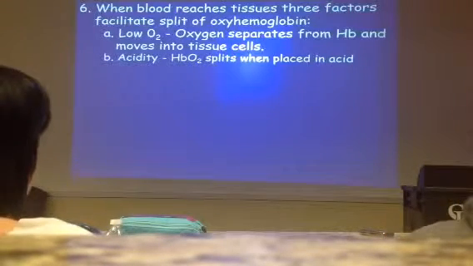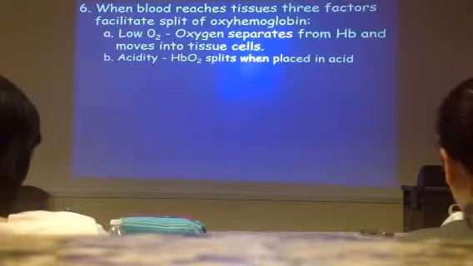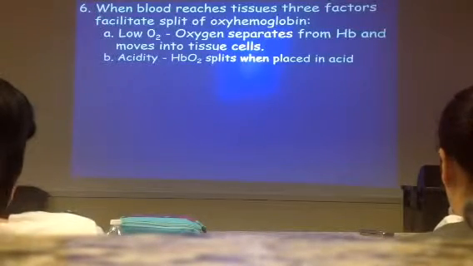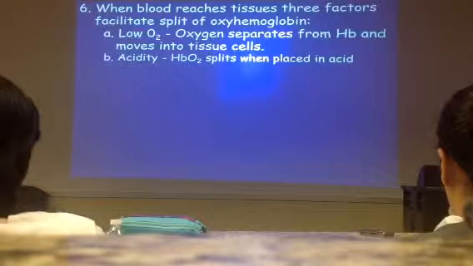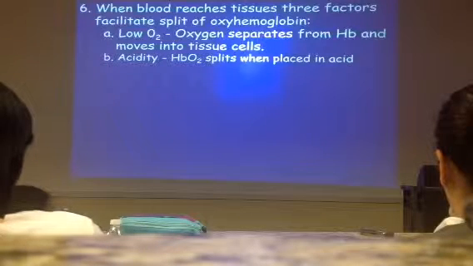This happens inside the red blood cell, which we'll get to in a minute. What is that right there? Hydrogen ion. What will hydrogen ions do to acidity? Will it go up or down? More acid or more basic? More acid, right? These things make it more acid.